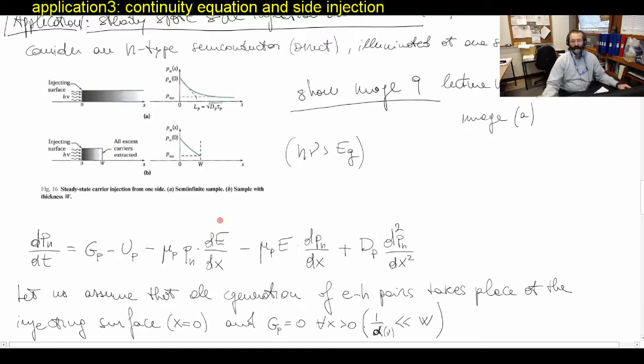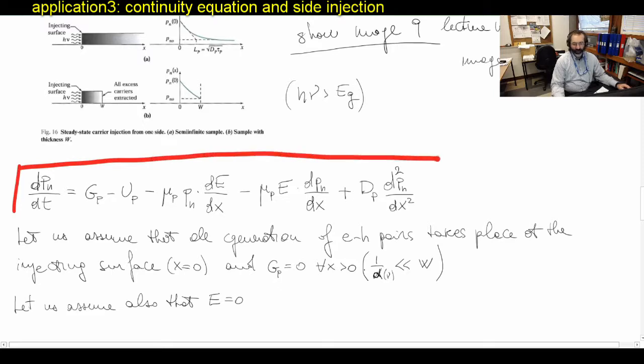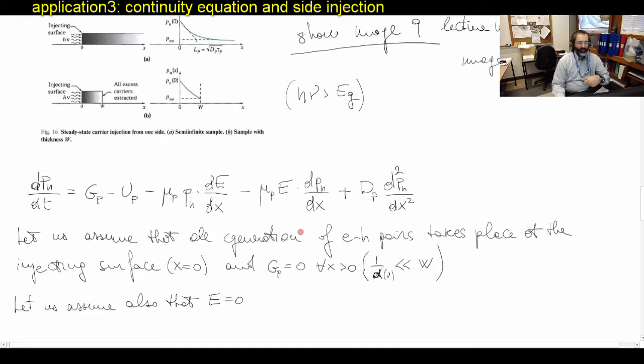Also, this is the relevant continuity equation that we will consider. Obviously, the minority carriers here are the holes. So we are looking at the continuity equation related to pn, the density of holes in the N-type semiconductor, which are the minority carriers. And so these are all the terms in this continuity equation.